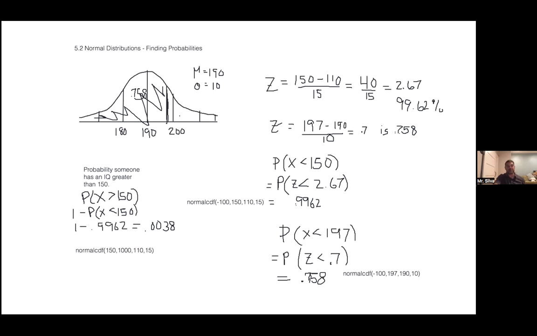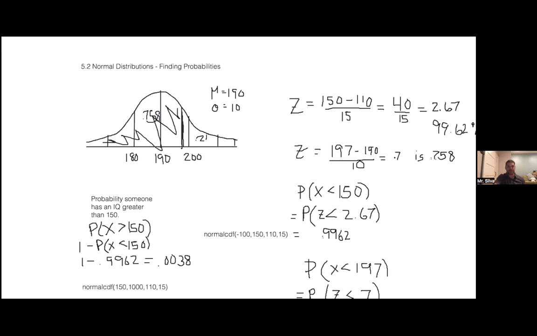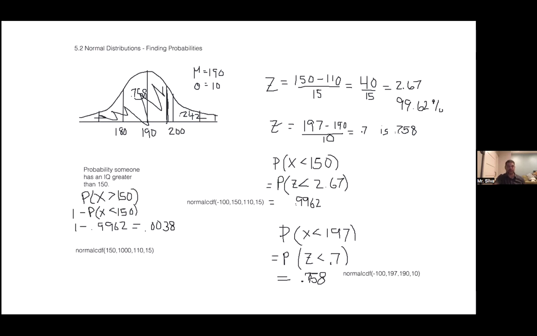This area under the curve is 0.242. And if I do normal CDF, it's going to give me that area. I would find the area to the right.